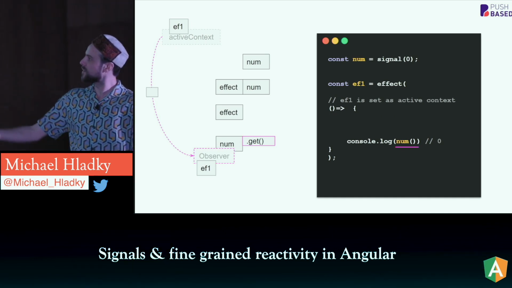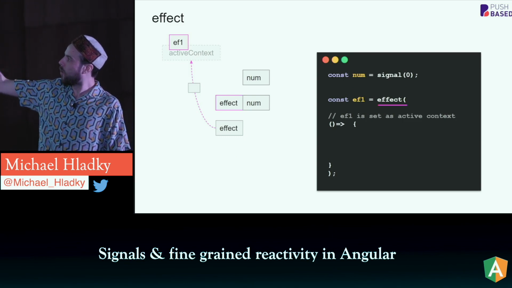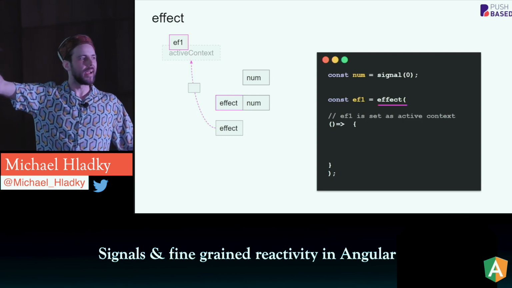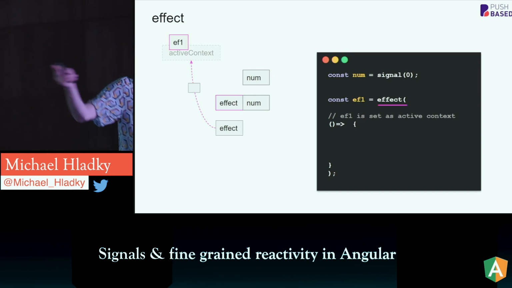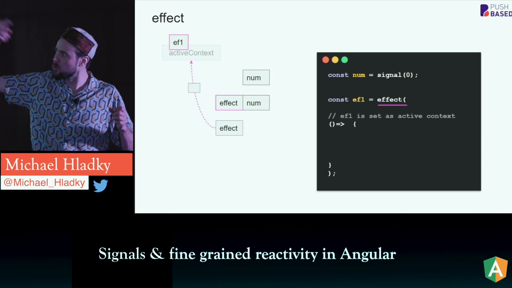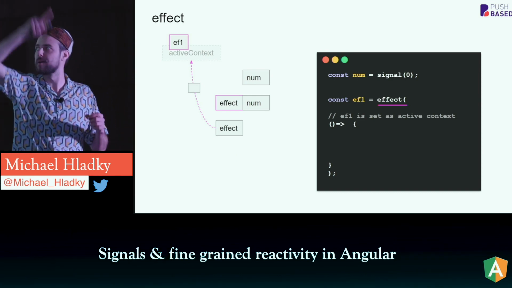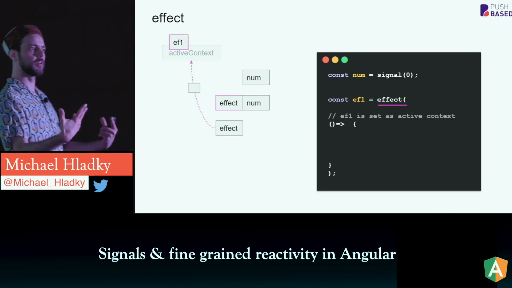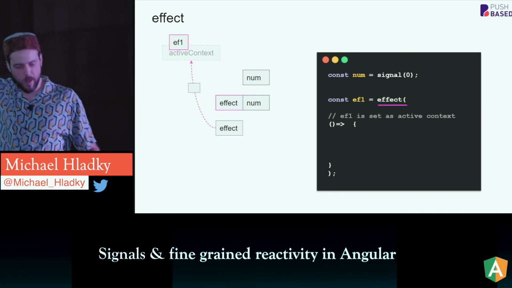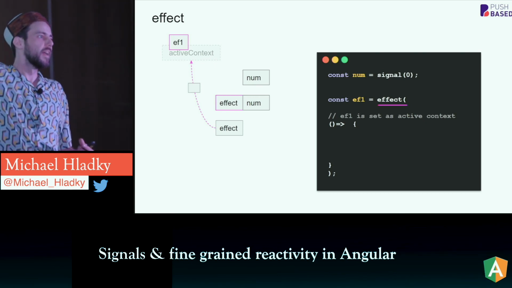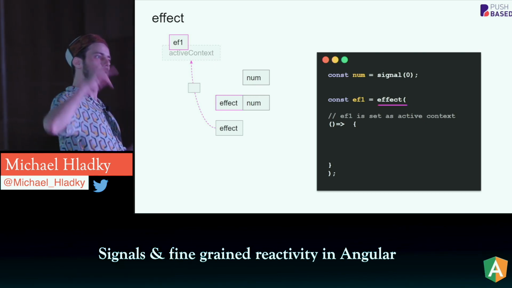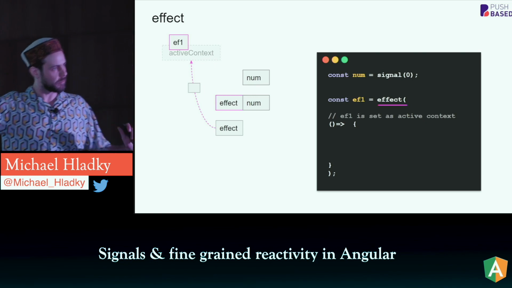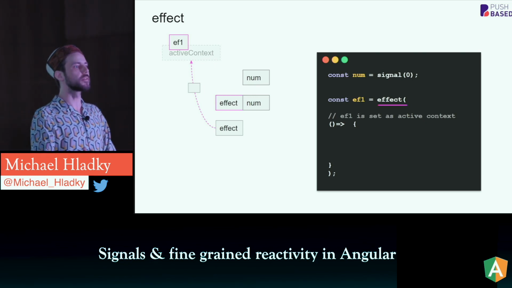So if I go one step back, already here, before I execute that lambda function, I put myself as an effect up in the active context. So if I as an effect start to execute, I say I'm the active context, I move a reference of myself in this global variable and say, just so you know, I'm active at the moment. And then I start to execute.